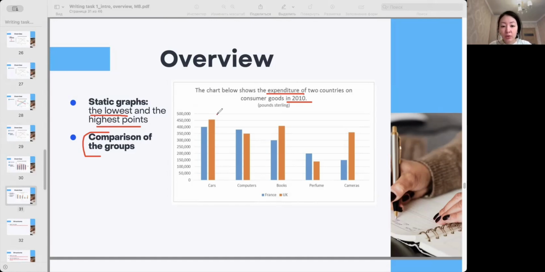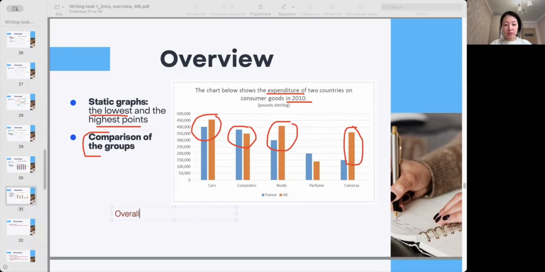And you see that the biggest amounts of money were spent on cars, computers, and books, mostly, right? However, in the UK, we also see that people spend a lot of money on cameras. However, in France, on the other hand, it was the lowest expenditure out of all. So this is what you write here. For example, your overview in this case can look like this.